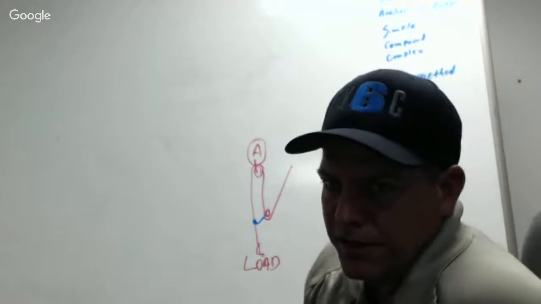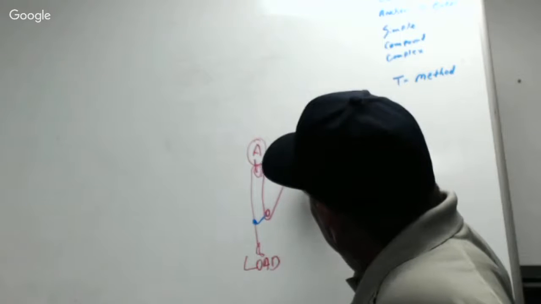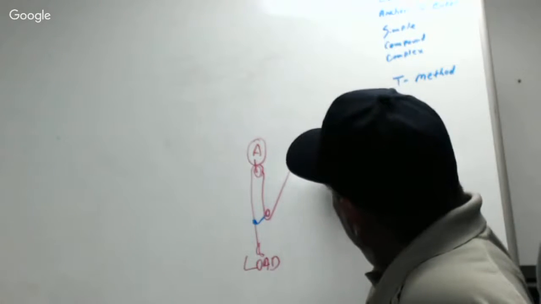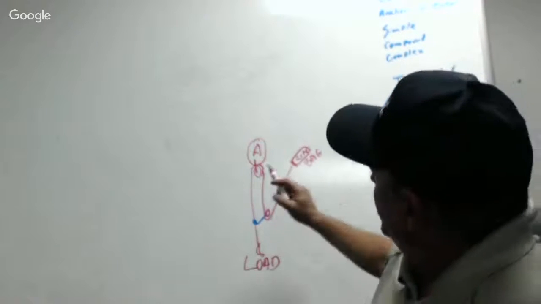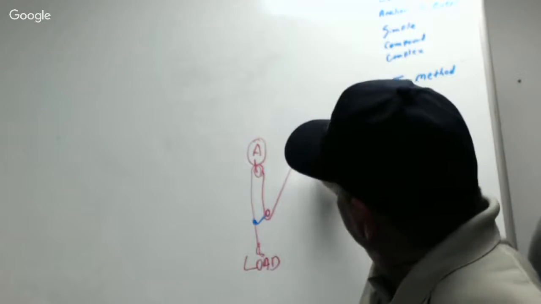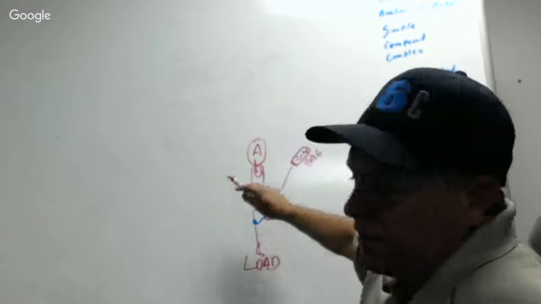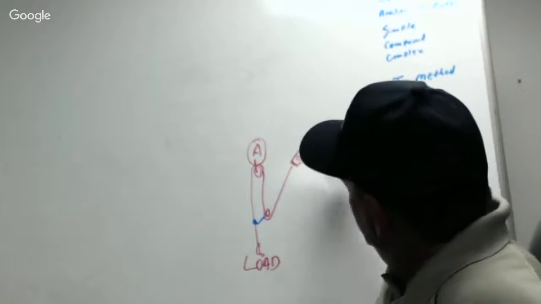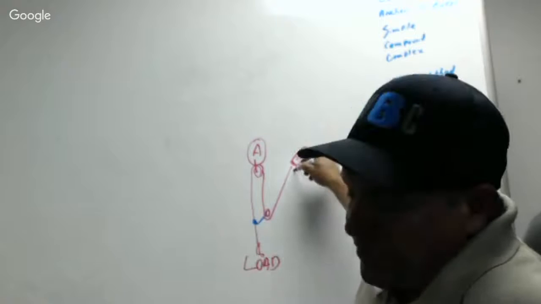When you're doing the T method, always remember to start at the rope bag. If you're going to use the T method to figure out mechanical advantage, start over here and work your way to the load. Don't start at the load and work your way back, because you won't end up with the right answer. A tension unit, as always, starts off with 1.